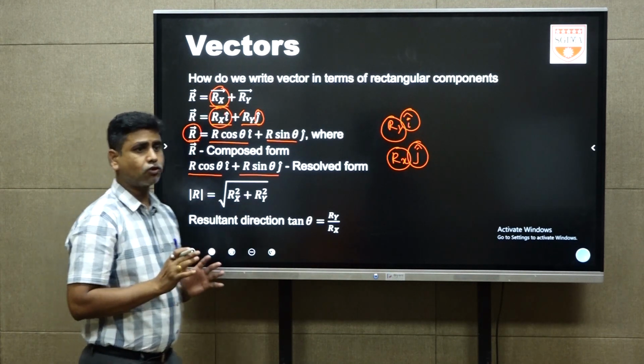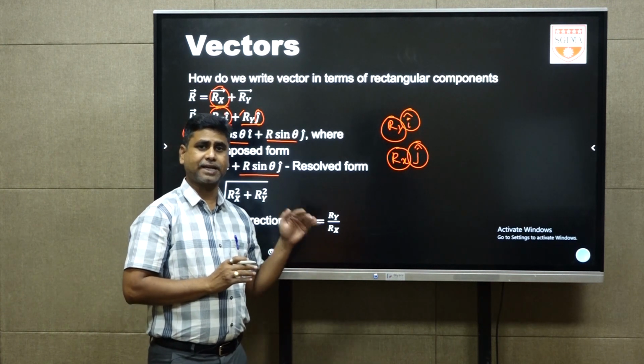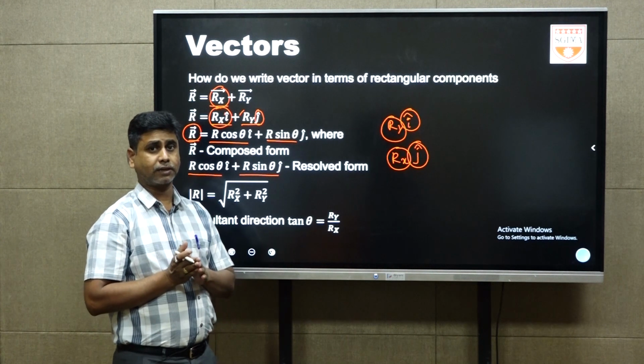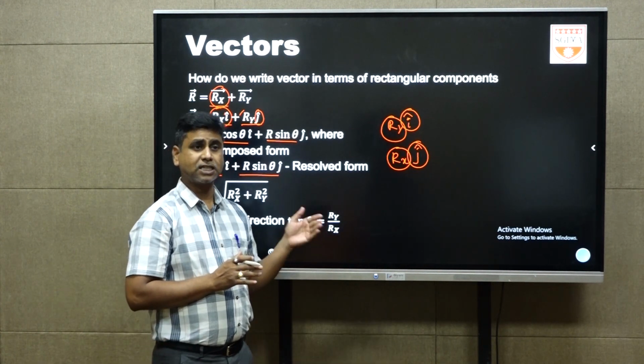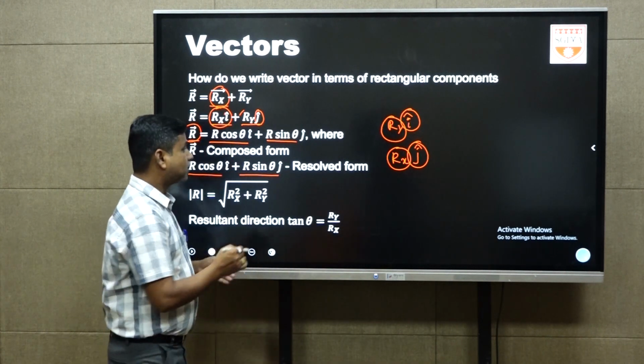Here R bar is the composite form of the vector, and this is the resolved form. Resolved form means in one direction, either x direction or y direction, otherwise z direction also can be taken. But at present we are discussing the plane only, that's why we take the x-axis and y-axis.